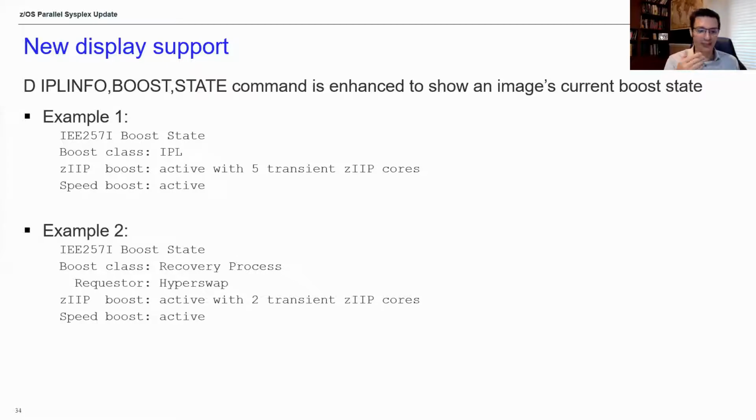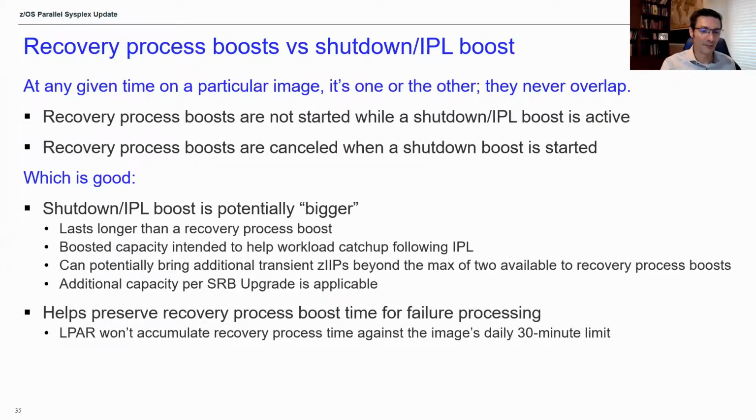So in this case, we see that the maximum of two zIIPs have been brought online as part of the zIIP boost for the HyperSwap activity that's going on in the system. There's also a D M=CPU command that can also show which CPUs are now being boosted for zIIP boosts as well. So there's a couple commands that are there.